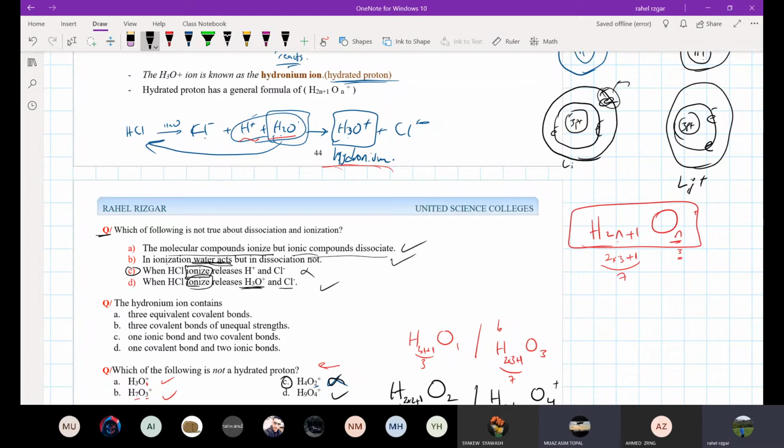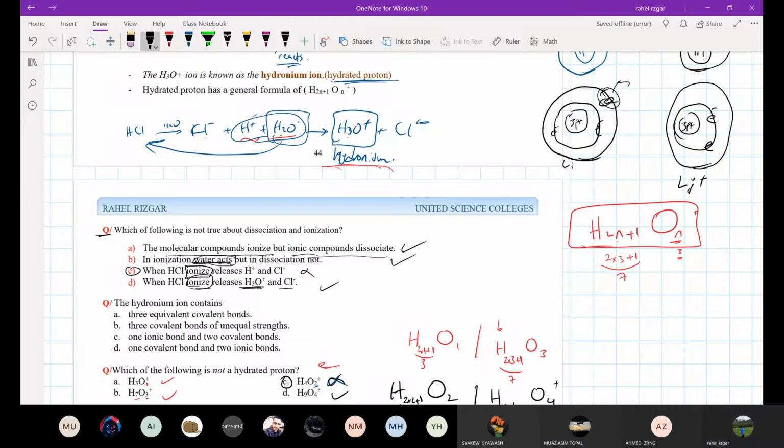Here, Moaz, the problem is the word ionize. When it says ionize, if you look at the other two points, in ionization, what happens? The water reacts. So when it says ionize, it means that the H2O has already reacted with them. Do you understand now? It doesn't say just separate.